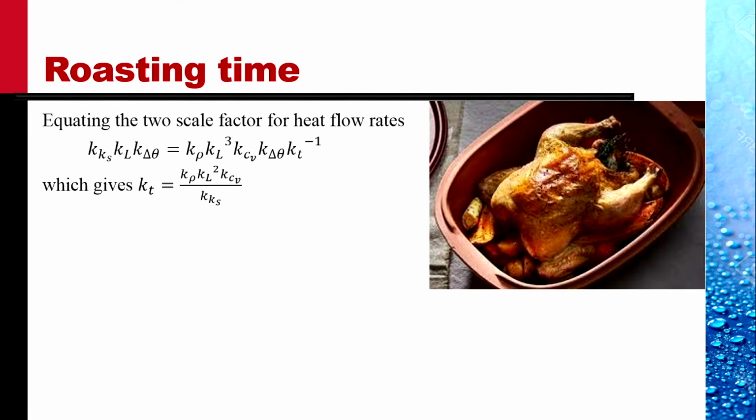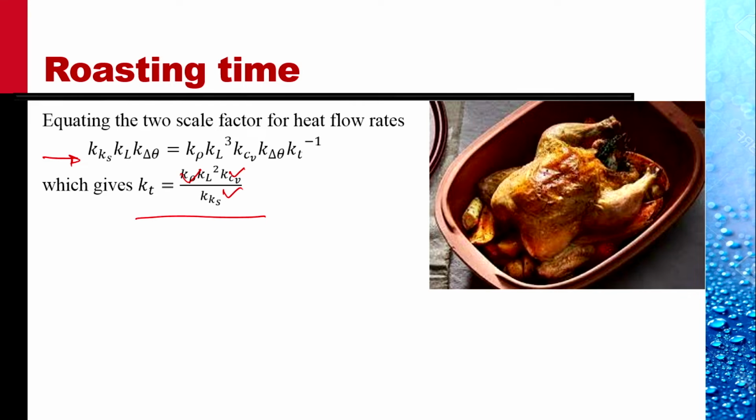Equating the two scale factors for heat flow rates, we get this relation which gives us the time scale factor as this. We can very reasonably assume that the density of the chicken meat, the specific heat of the chicken meat, and the conductivity of the chicken meat would be the same. That is K rho, K Cv, and K, Ks would be equal to 1. Scale factors for these quantities would be 1, being the same material.